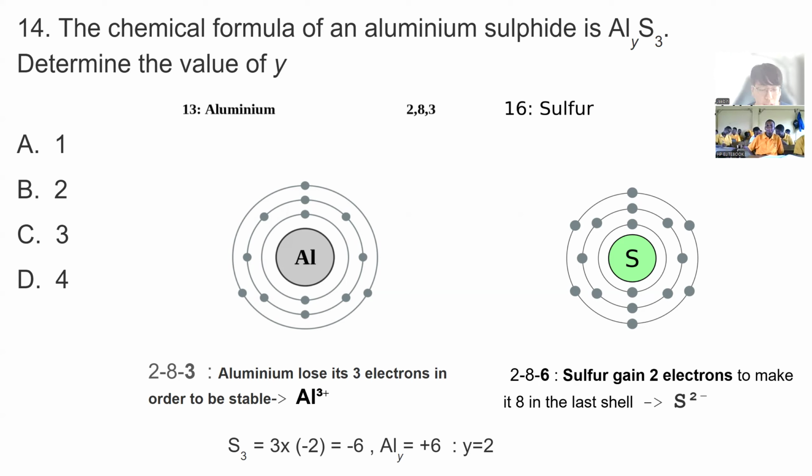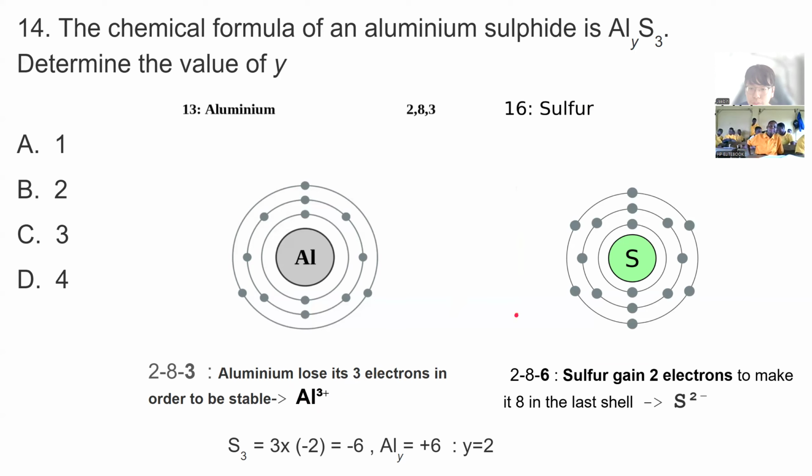So every atom wants to have 8 electrons in their outermost shell. Aluminum, because it has 3 extra electrons, wants to lose those 3 extra electrons. What happens if aluminum loses 3 electrons? It becomes aluminum 3 plus.